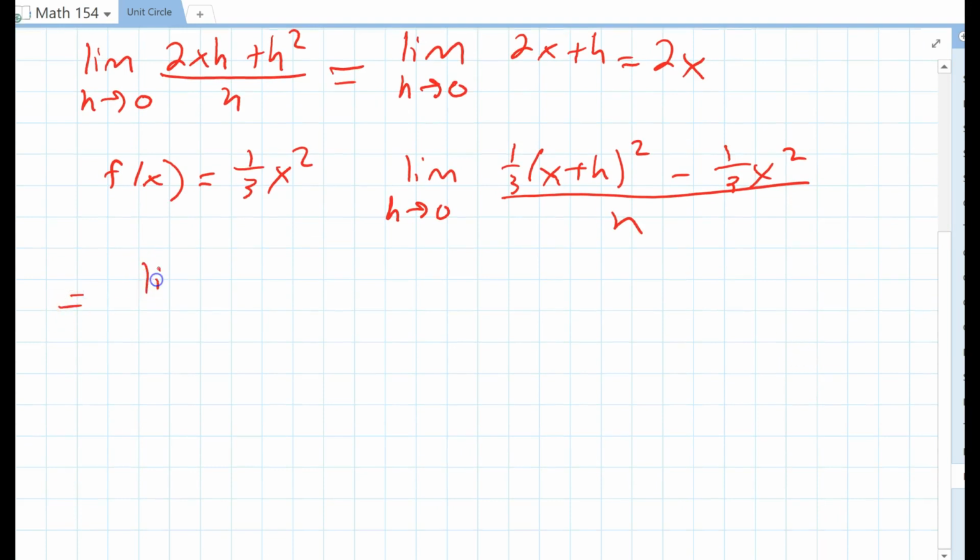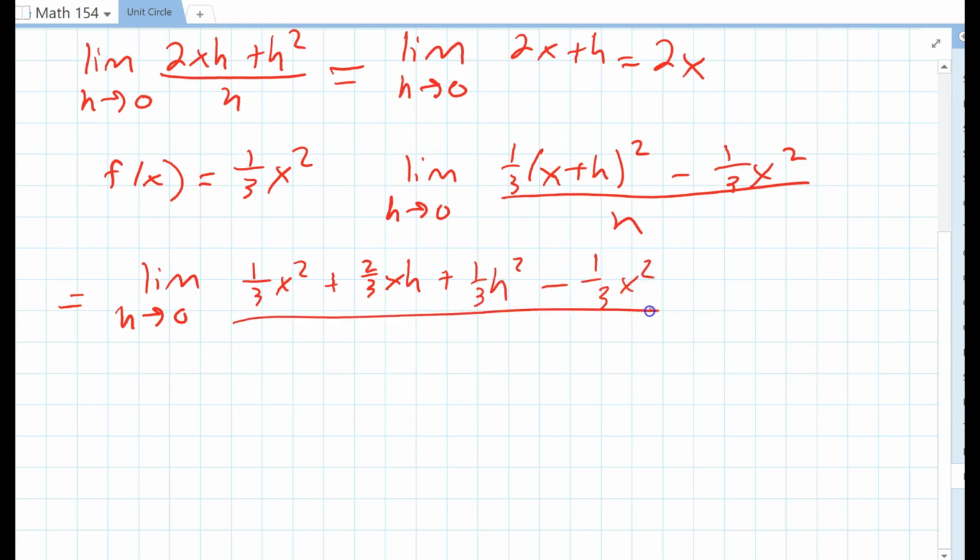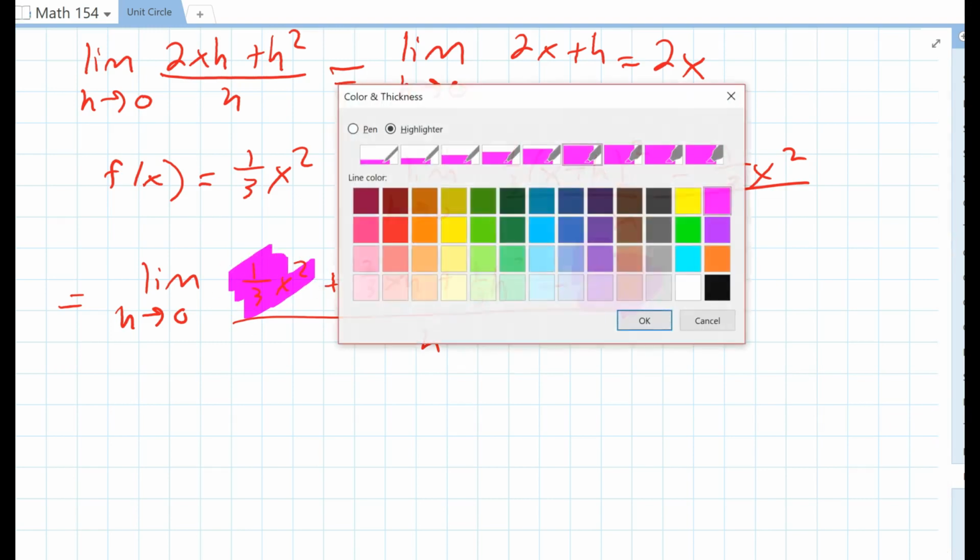That would be the limit as h approaches 0 of 1/3 x squared plus 2/3 xh plus 1/3 h squared minus 1/3 x squared all over h. The 1/3 x squareds cancel each other out because one's positive and the other's negative.